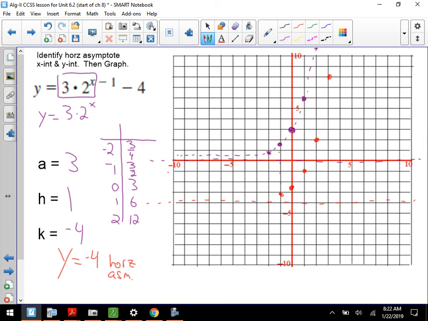And hopefully your graphs are going the same direction. Because if they don't, you're not good. That's right. The whole idea here, guys, is can you take your parent graph and transfer it.